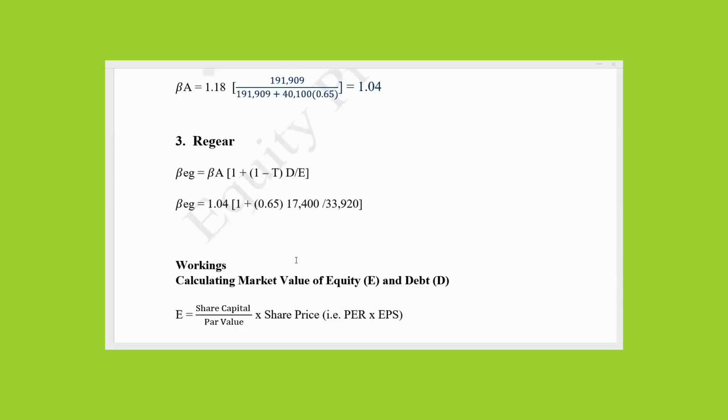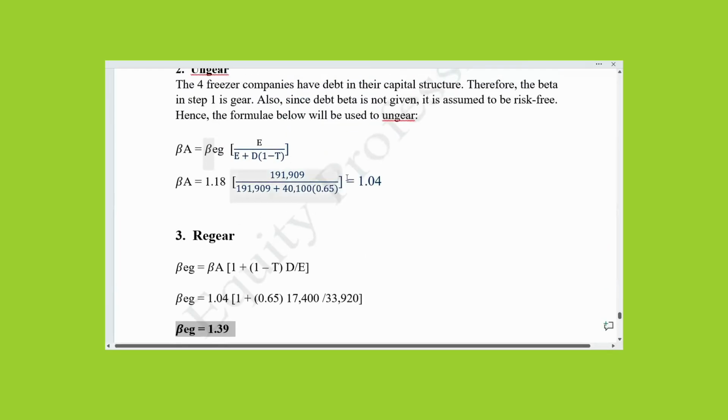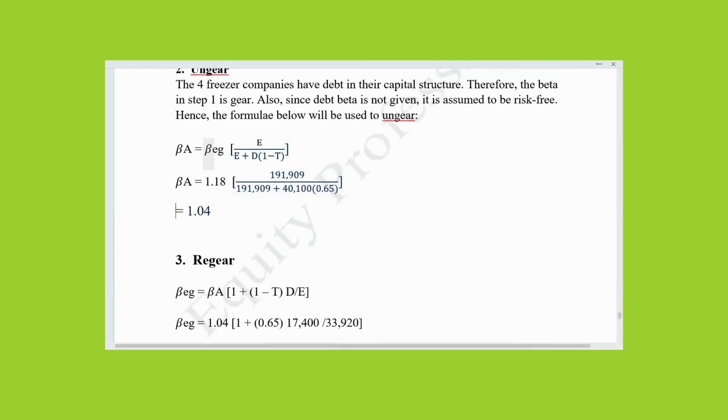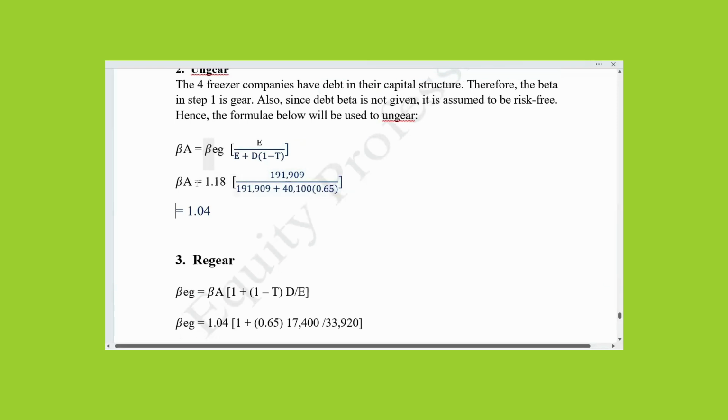Final answer is what? 1.39. Thank you. So here is 1.39. That is the beta equity of a geared company. So that's that. I will then move on from here. Let me push this one down. Let me copy this.